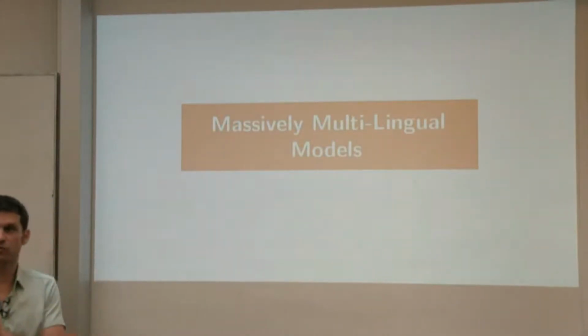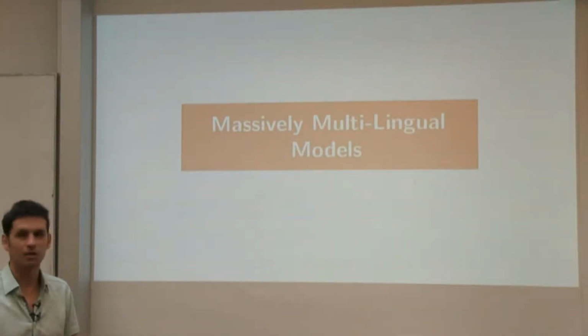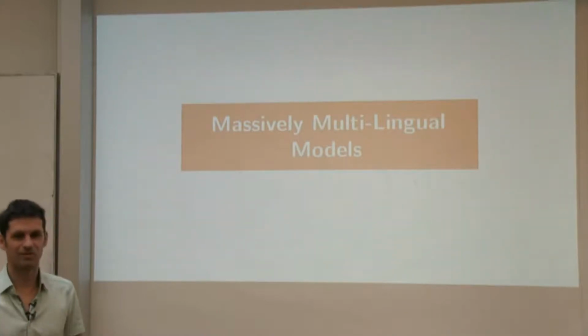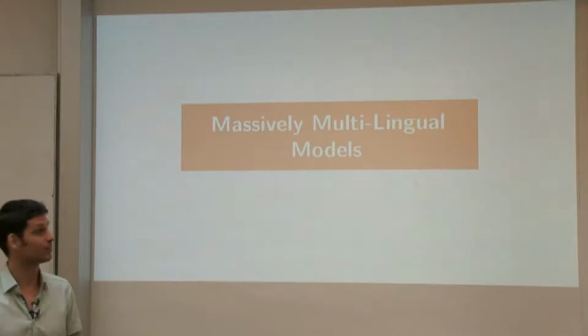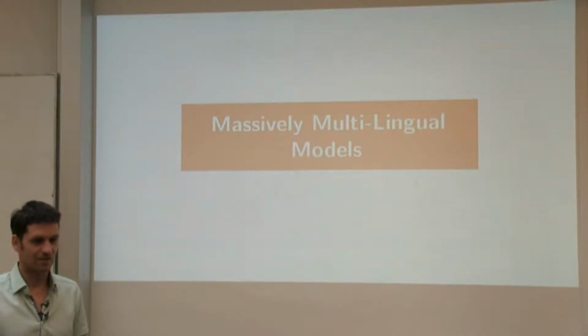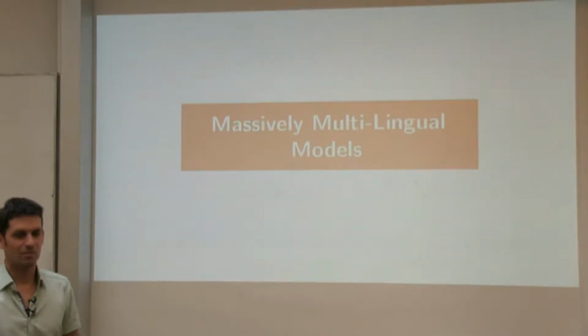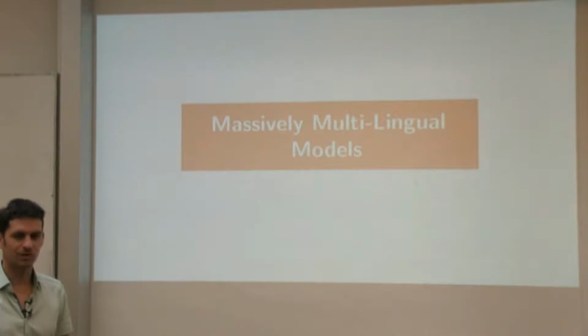So let's now move to the last part, and this is very recent research done by Google, and you will see why only Google, or not many companies and not many institutions, can do experiments like this. We are trying to really make the multilingual systems work for many languages at once.